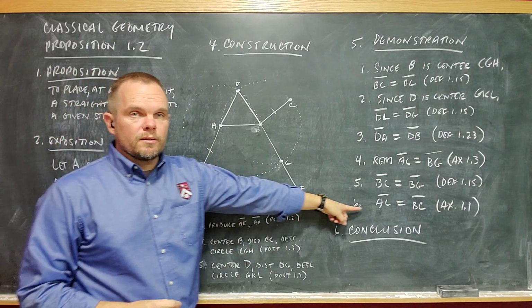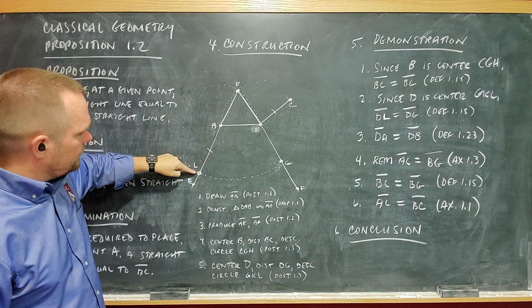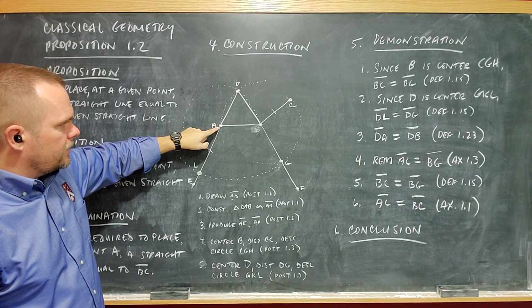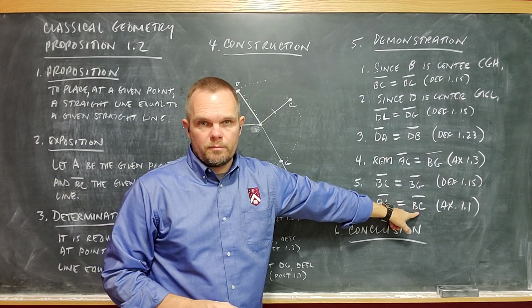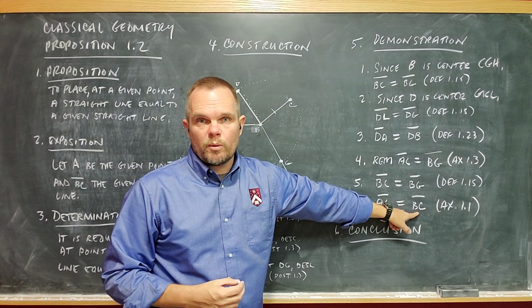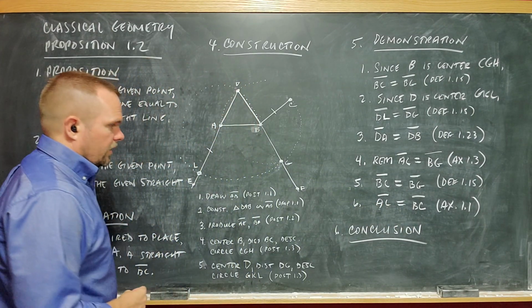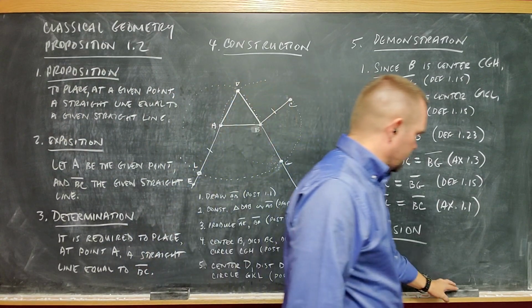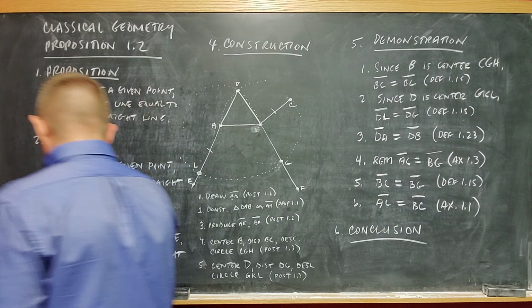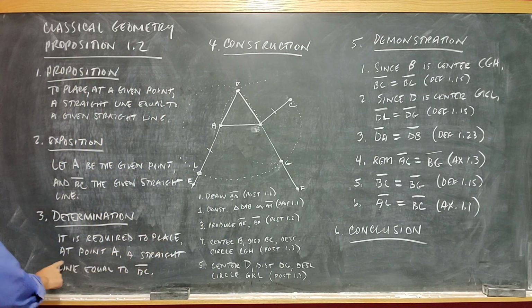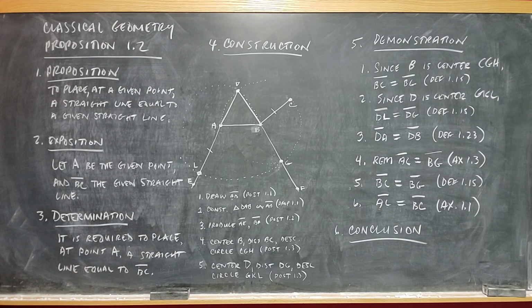And that's the challenge of our proposition. We've drawn a straight line at point A that's equal in length to the given line BC. And that's what we were to do. Okay? So, the last part of our proposition is the conclusion. And as I just said, it was required of us to place at point A a straight line equal to BC.